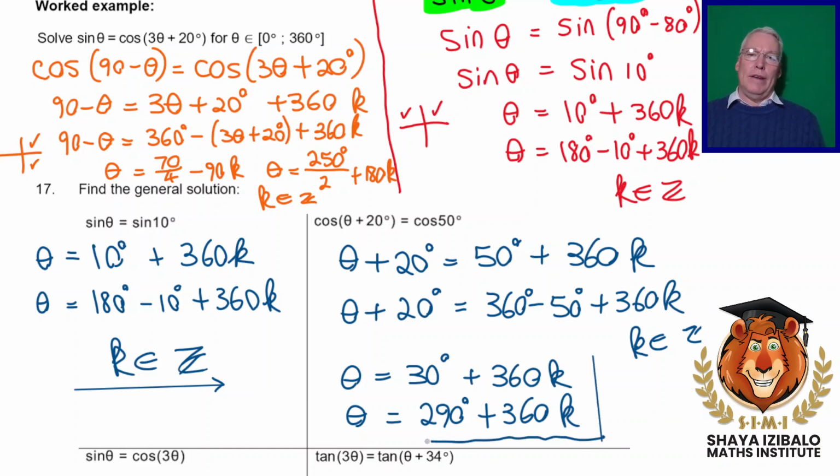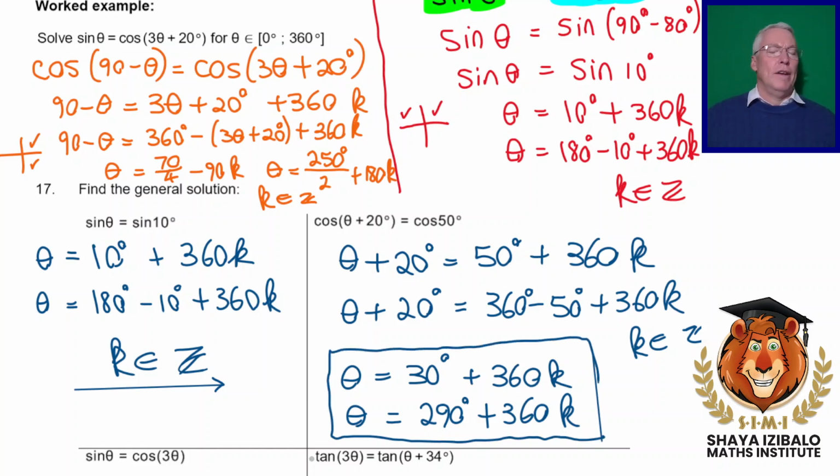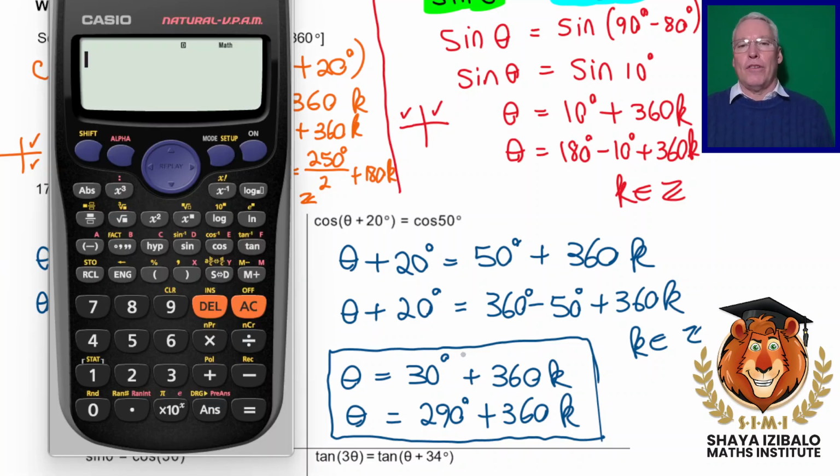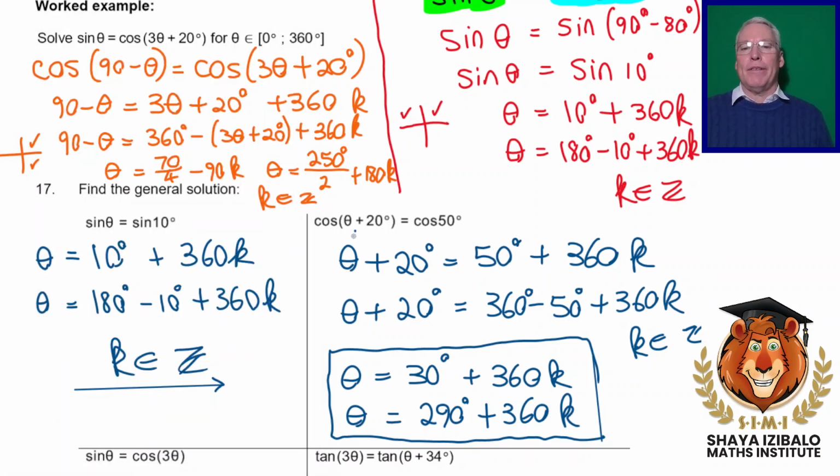Okay, and because we can, let's just test an answer or two using a calculator. So for example, if k was 10, then we would get 30 plus 3,600. We get 3,630. Let's put 3,630 into that equation.